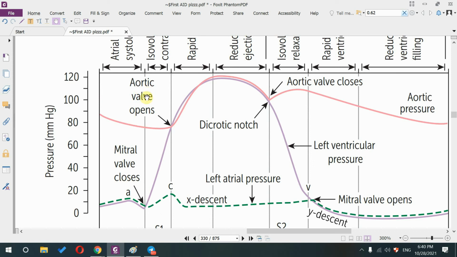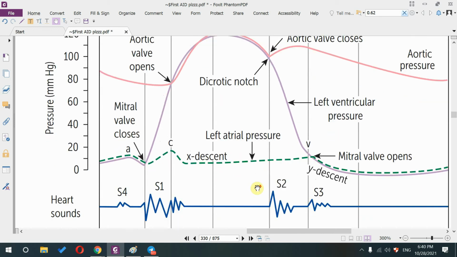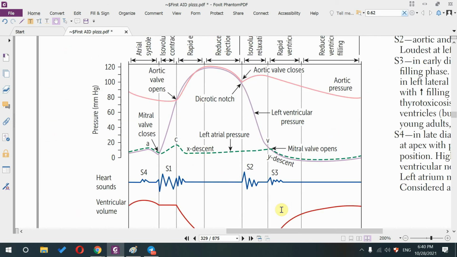And the aortic valve opens at 80. Why? Because at 80, we have opening of which valve? Excellent, everybody. It is the aortic valve opening. And during the same time we have had the mitral valve closing. But wait a second, there is a lag between the mitral valve closing and the aortic valve opening.